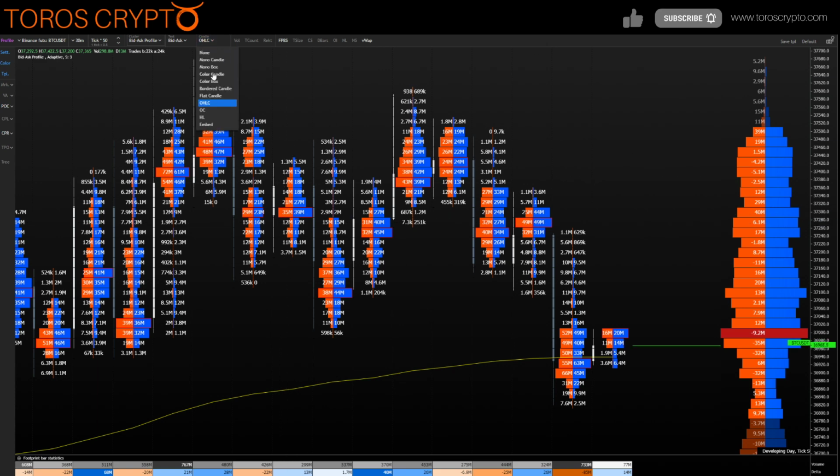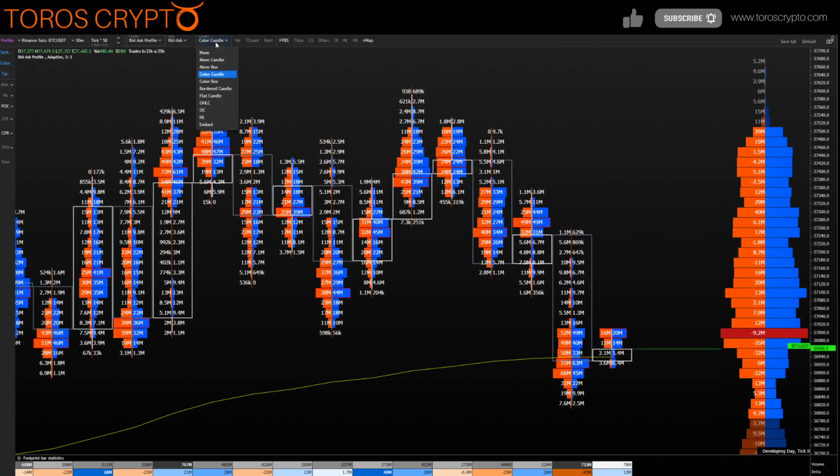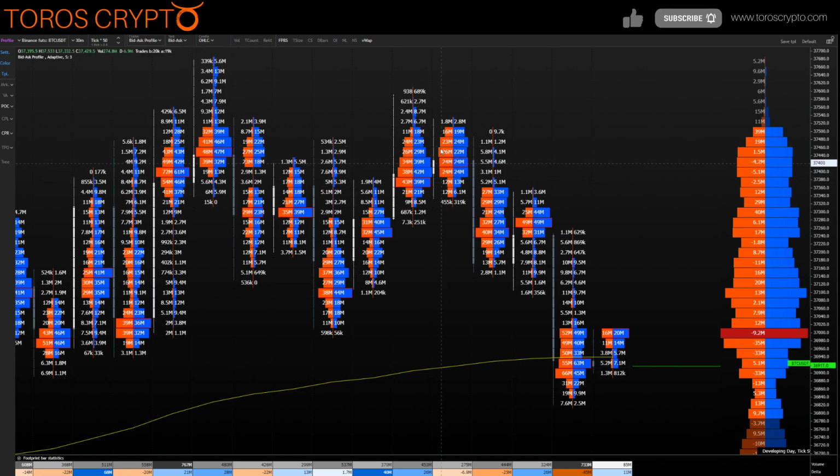But again, you can change that. You can make it look a bit more like your usual candles. You can see how you have your open and close, and you have your wicks, and you can get a bit of information that way from the various options that you have there.